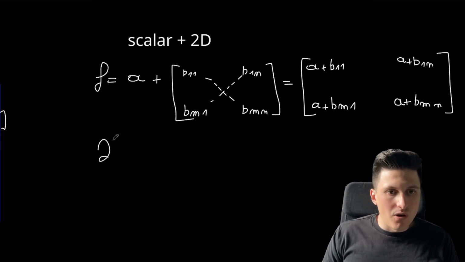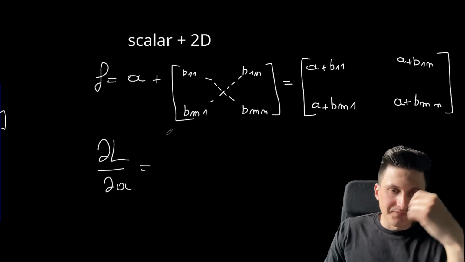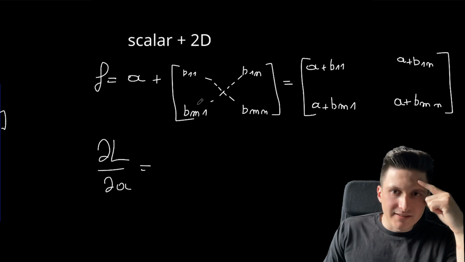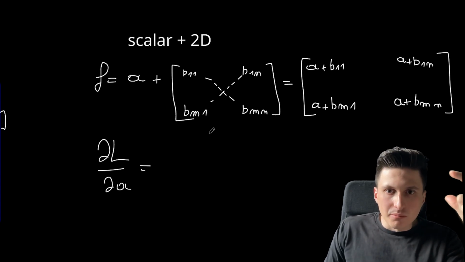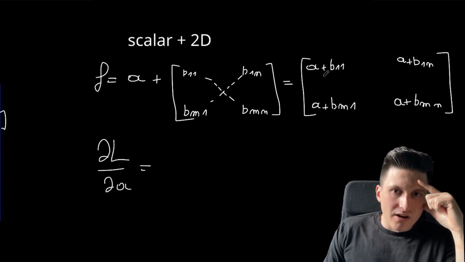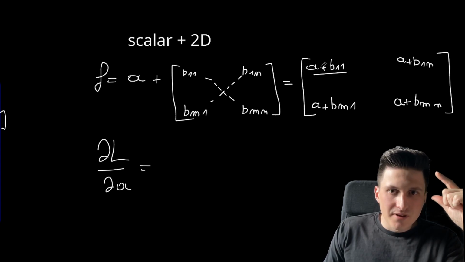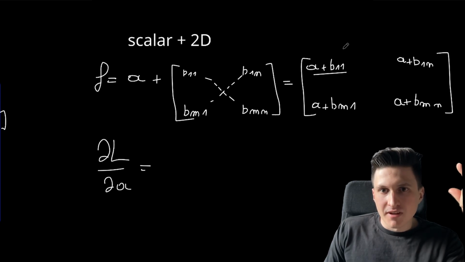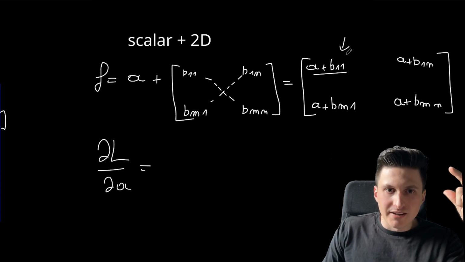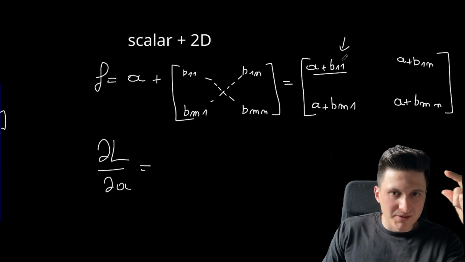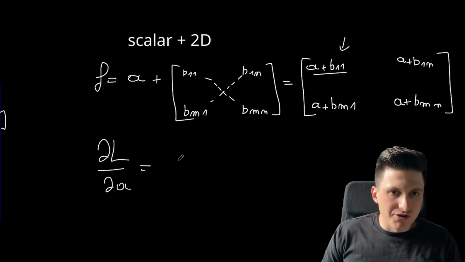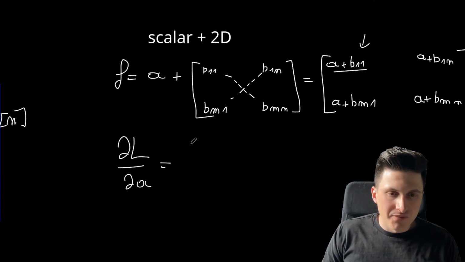Okay, so now let's calculate the loss with respect to a, and once again we are broadcasting a. This is once again the local derivative of each of these values to a, which is just going to be a 1 times the gradient of f on this specific index, and then we're just going to sum all these values.